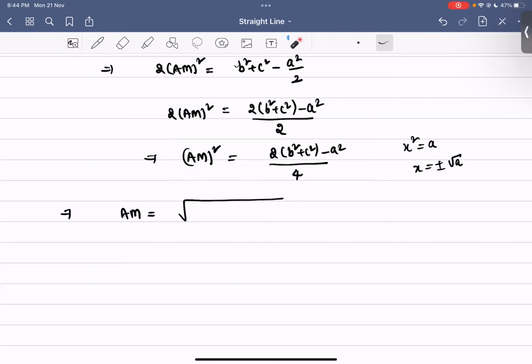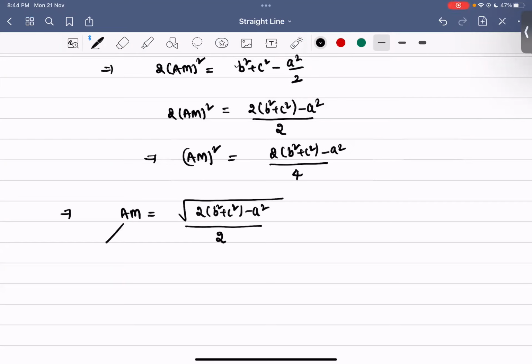But here AM is a distance, that's why don't take the minus. According to the context, negative is not possible. That's why AM is equal to the square root of 2 times b square plus c square minus a square by 4. So what is this? It's the length of the median AM through the vertex A.